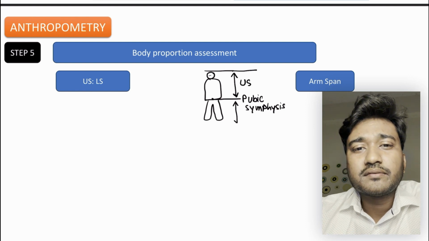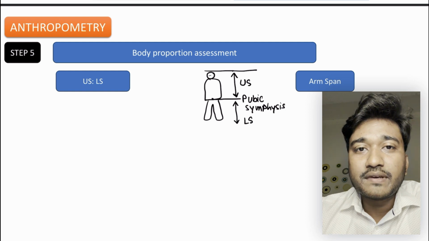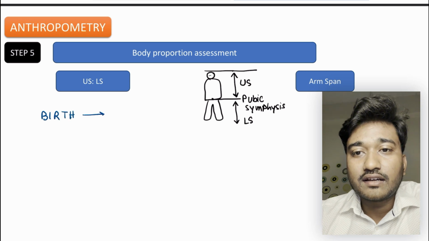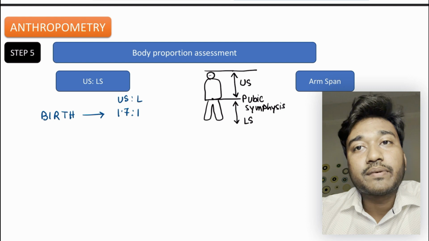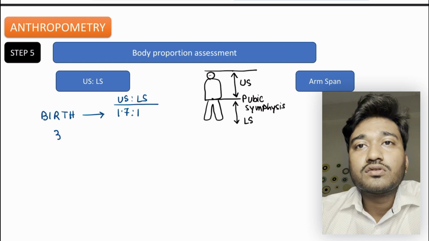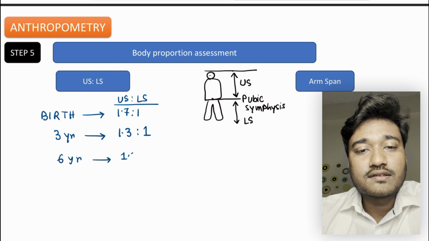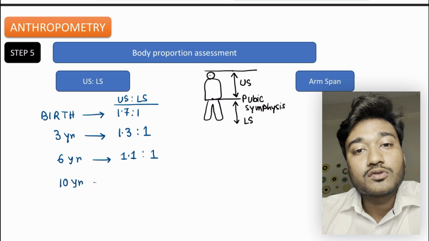To measure this, the best way is to put the child over a stool, measure the total height and also subtract the length of the stool from it, so that you can get the upper and lower segment very well. The normal values: at birth 1.7:1, at 3 years of age 1.3:1, at 6 years of age 1.1:1, and at 10 years of age it becomes 1:1.